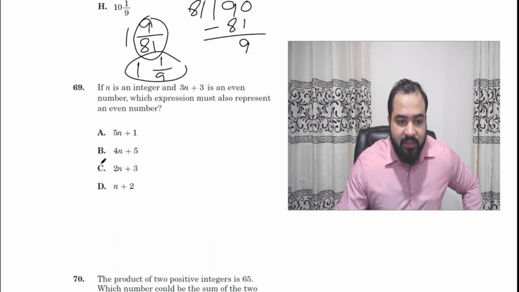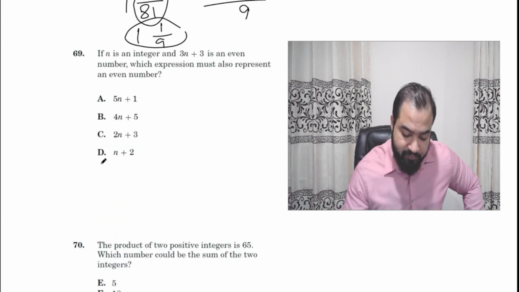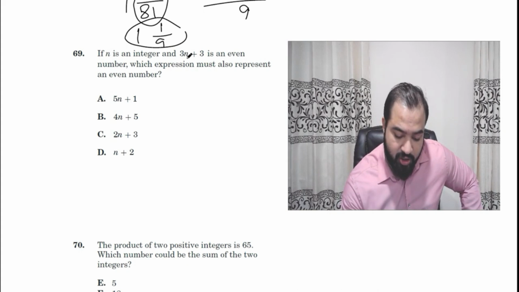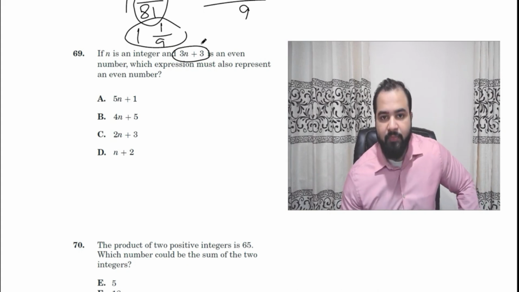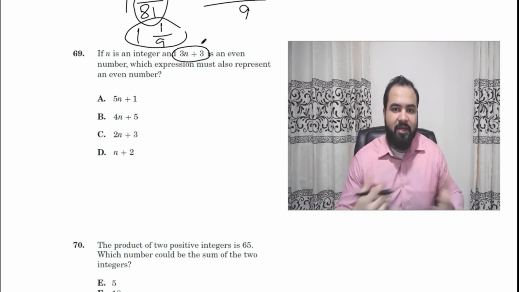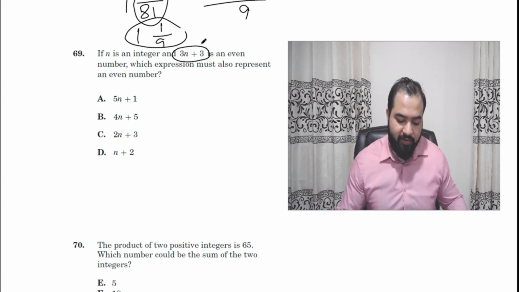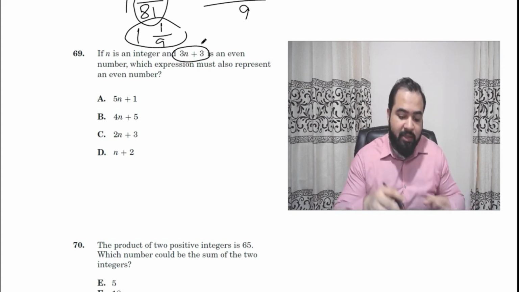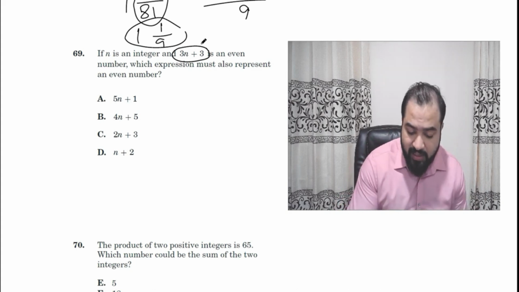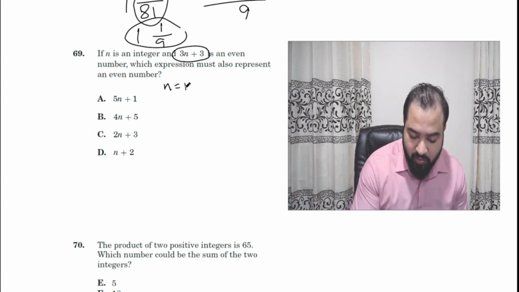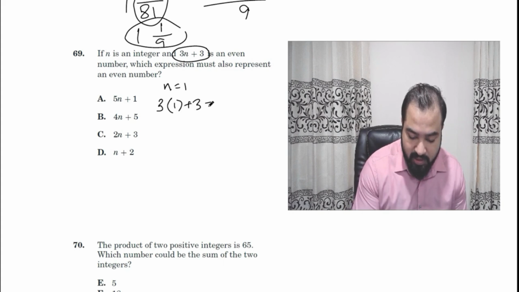Number 69 says if n is an integer and 3n plus 3 is an even number. So n is an integer, you can pick a value, 1, 2, 3, whatever you like. But when you plug it into 3n plus 3, it has to be even. Let's see. Let's say n is equal to 1. So you get 3 times 1 plus 3, which is equal to 6.